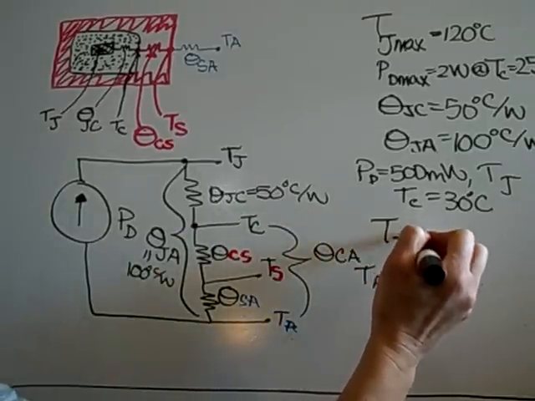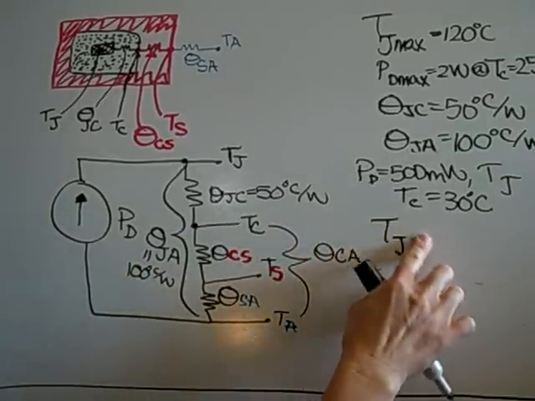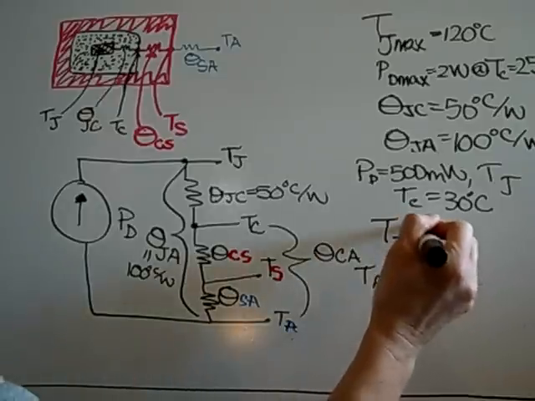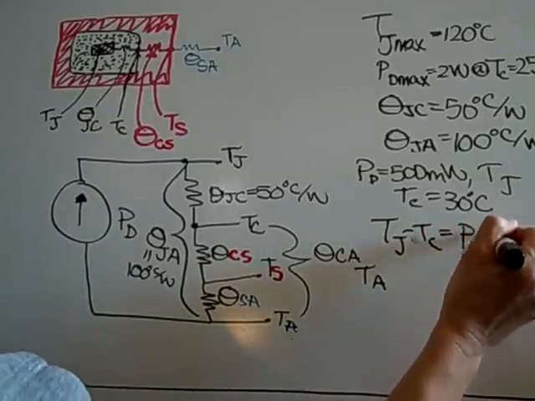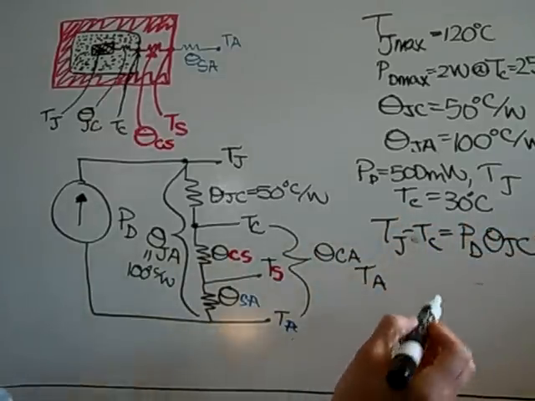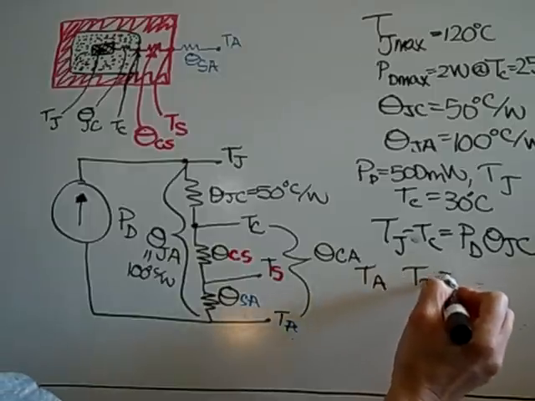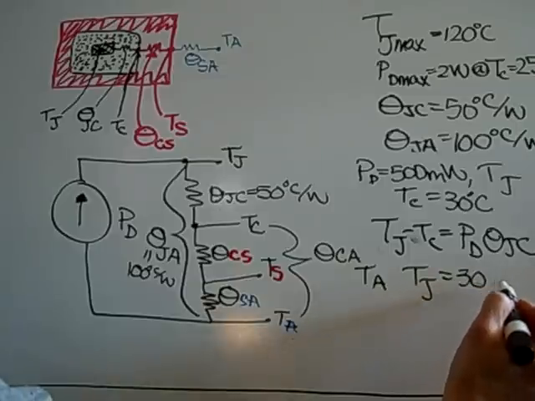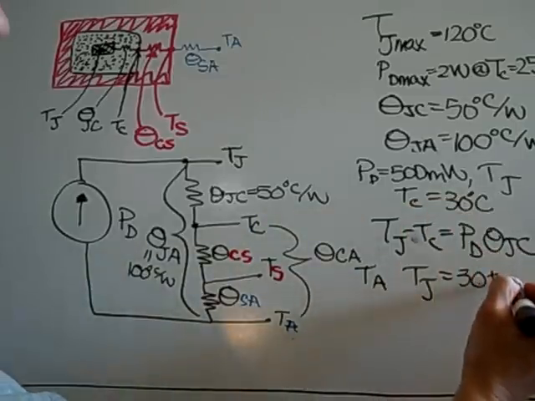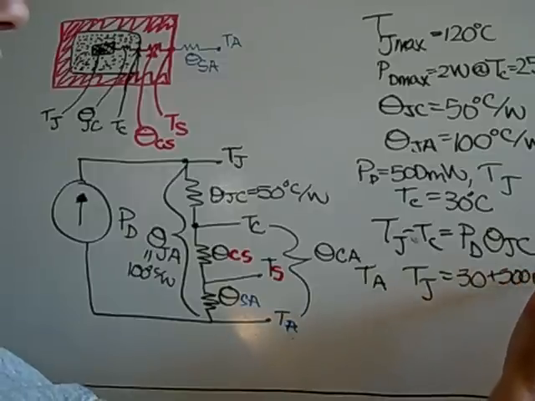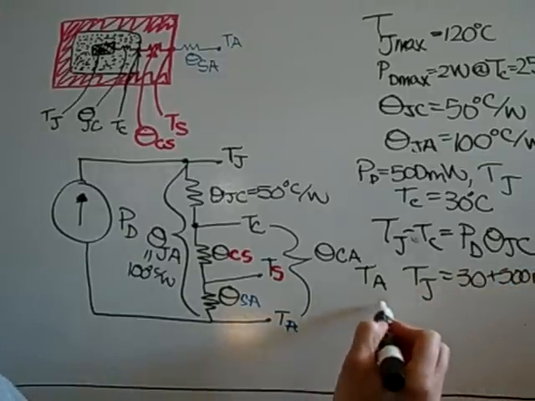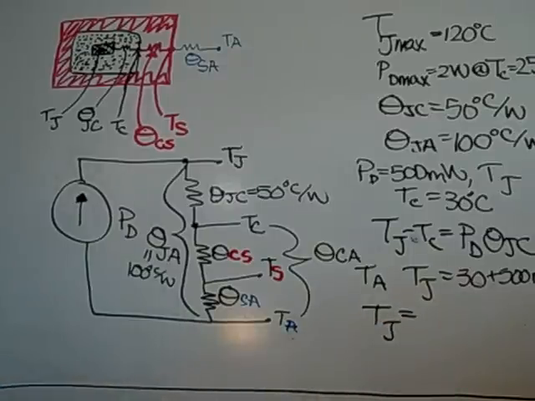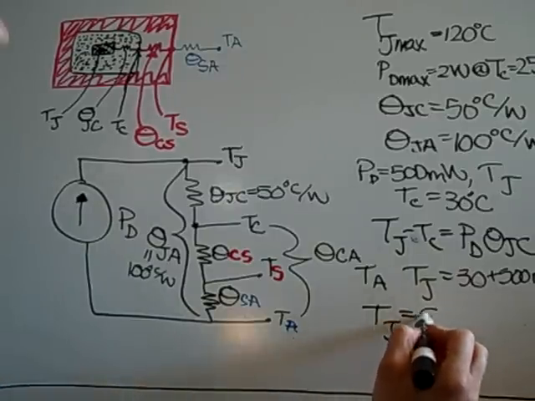I can do the drop first: TJ minus TC is equal to PD times theta JC. So TJ is equal to 30 plus the 500 milliwatts times 50 degrees C per watt. So that gives a temperature at the junction of 55 degrees C.